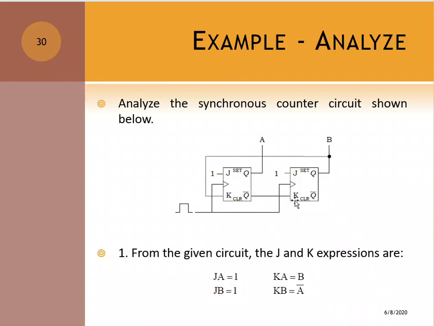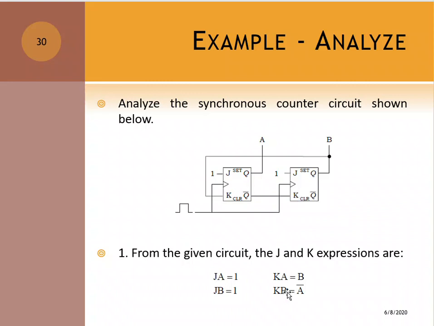Next, KB. You have to trace the wire. The wire comes from Q bar in flip-flop A. A wire from A goes into Q, so Q bar means A bar. If Q equal to A, then Q bar equal to A bar. So the wire from Q bar goes into KB.